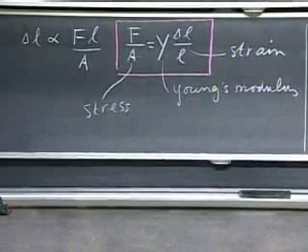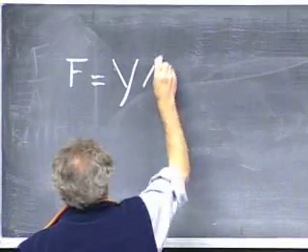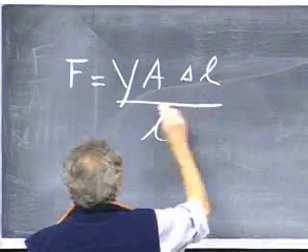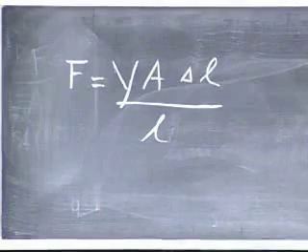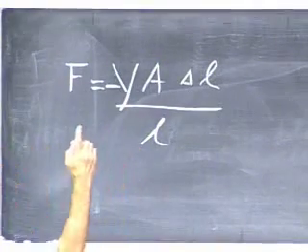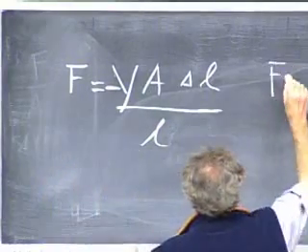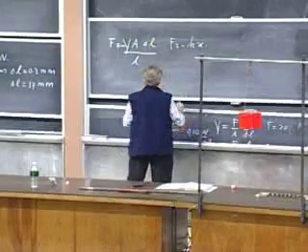So the force that you have equals y times A times delta L divided by L. That's the force that I apply. So the spring force is opposing that, so the spring force has a minus sign here, if you indicate the direction. And so this is similar to F equals minus kx that you have seen with this spring.